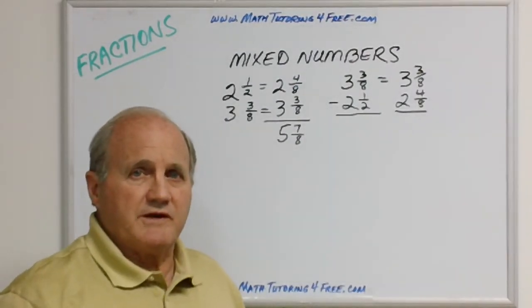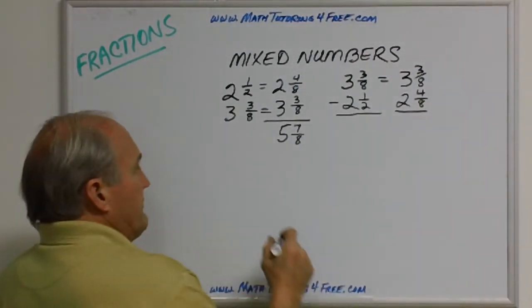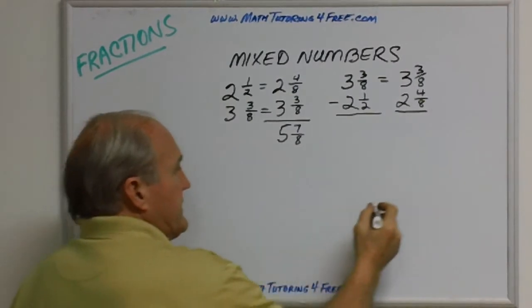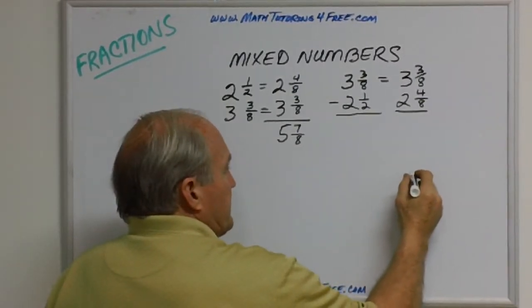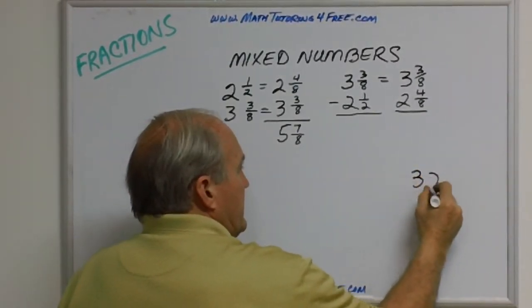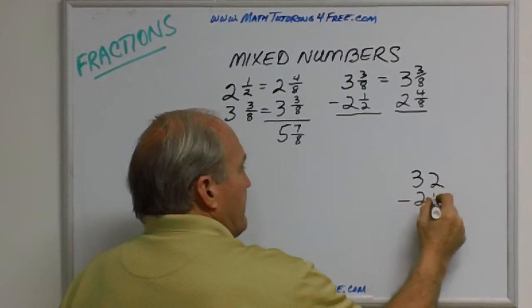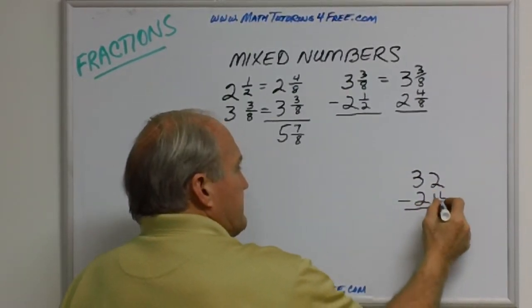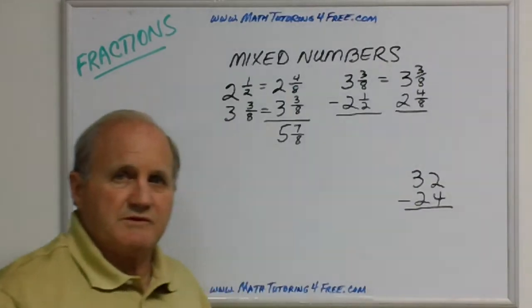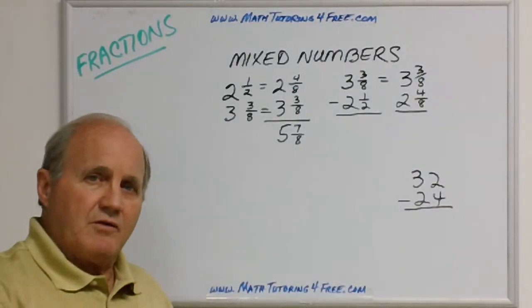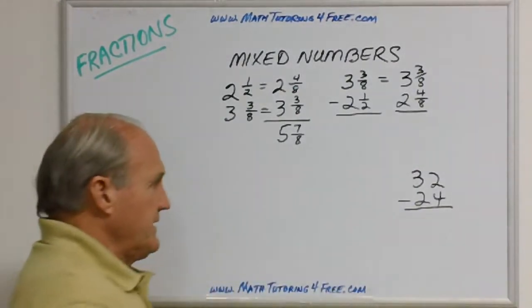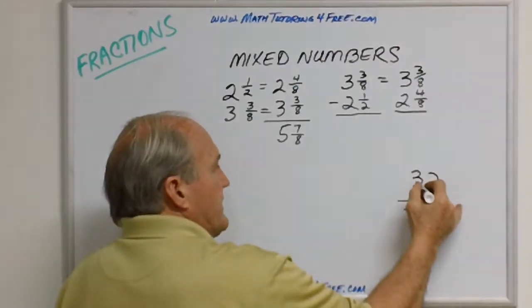What do we do with other subtraction of whole numbers when we couldn't? Let's say we had a simple problem. Let's say we had 32 and we wanted to subtract 24. Well, we said we can't subtract 4 from 2, so what do we do? We had to borrow 1 from the next column, didn't we? We borrowed 1 from the 3.